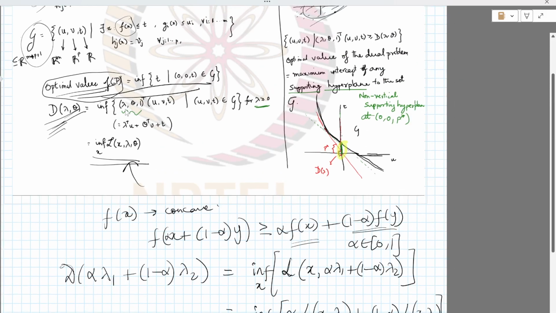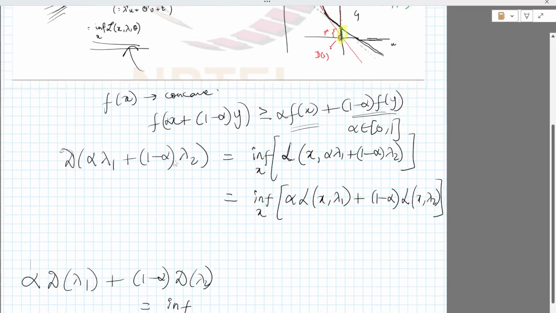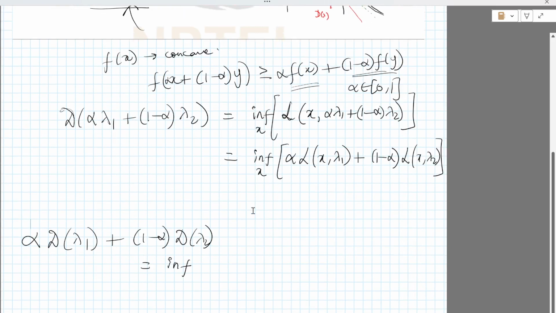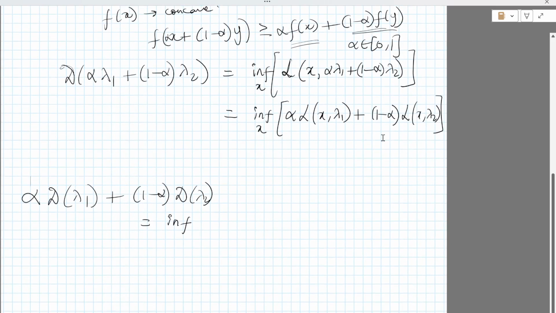It is a linear combination of these. Makes sense. So we can write this as this, and then we can subtract.